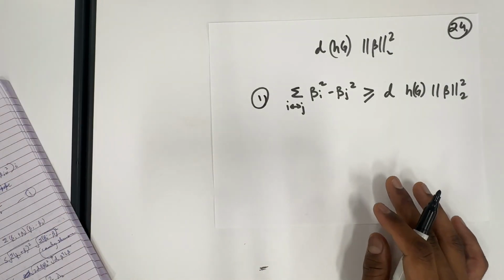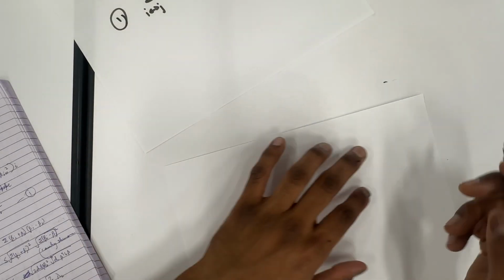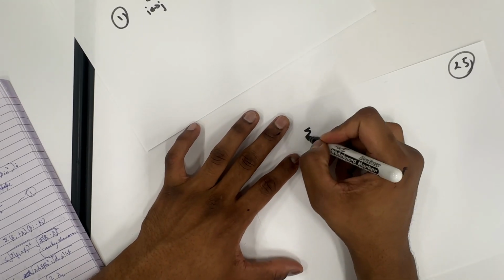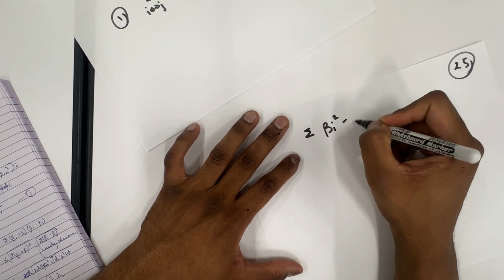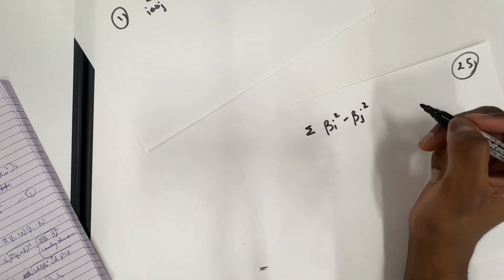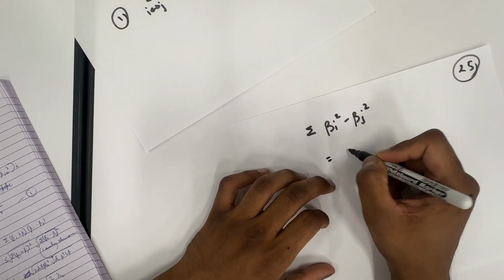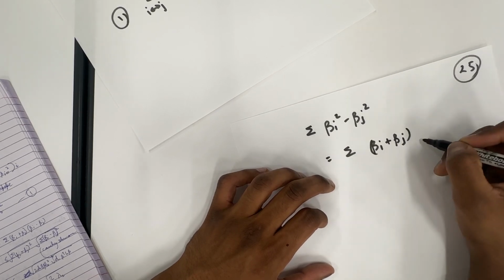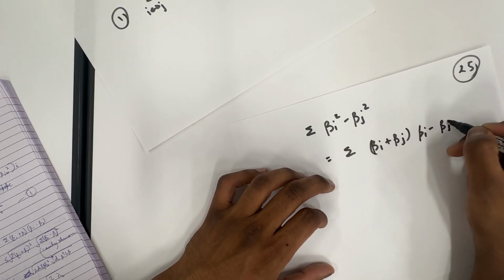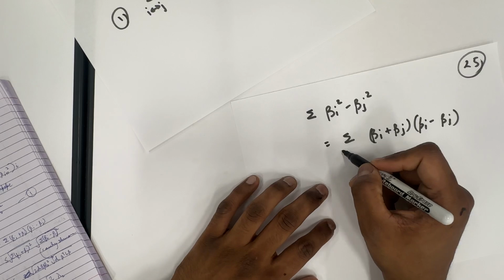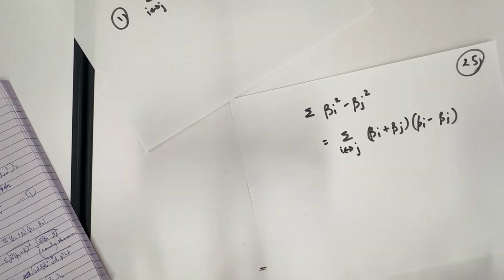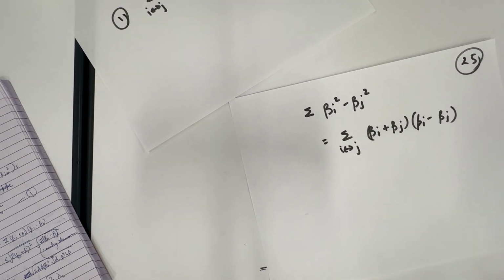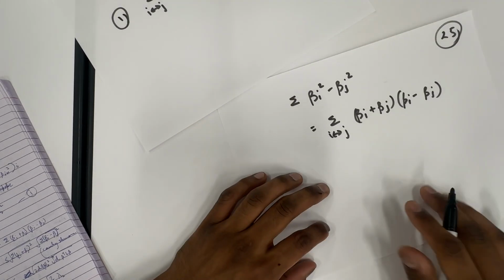This is number 1. Now number 2, which would have been number 1 if we were doing this ourselves. Beta i squared minus beta j squared is the sum of beta i plus beta j times beta i minus beta j, for all edges ij. This lends itself to the application of Cauchy-Schwarz.